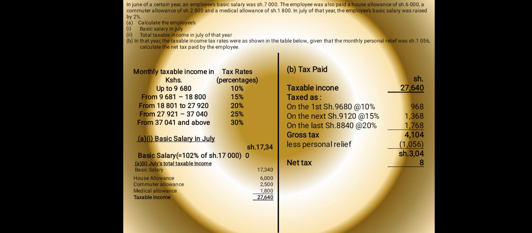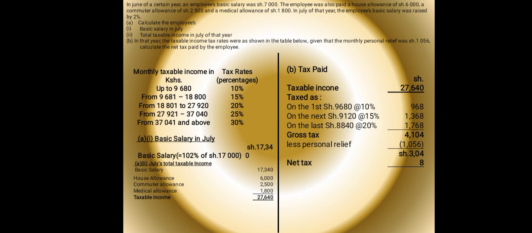Now the tax table given, the table 2, A1, the basic salary in July, that's how it's computed. It was increased by 2%, so you take 2% of the previous salary and find the increase.